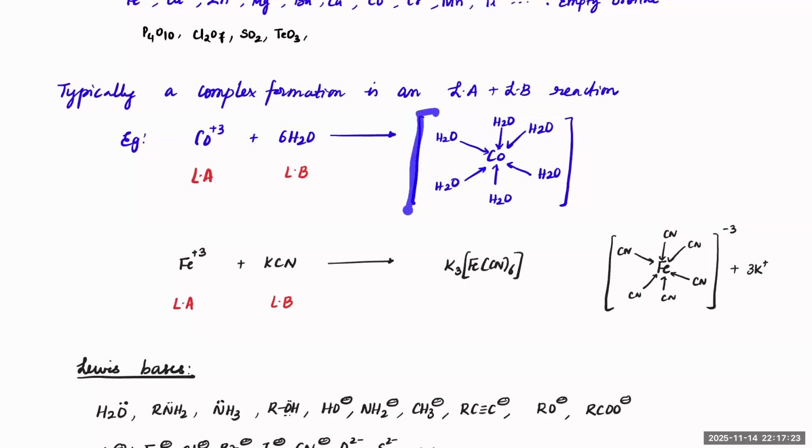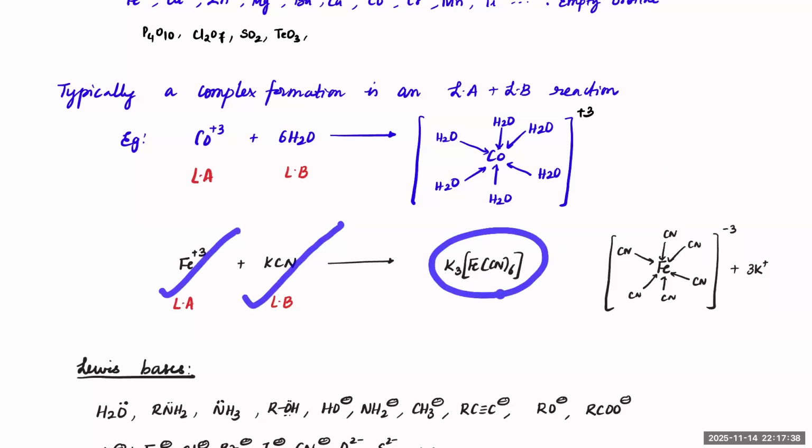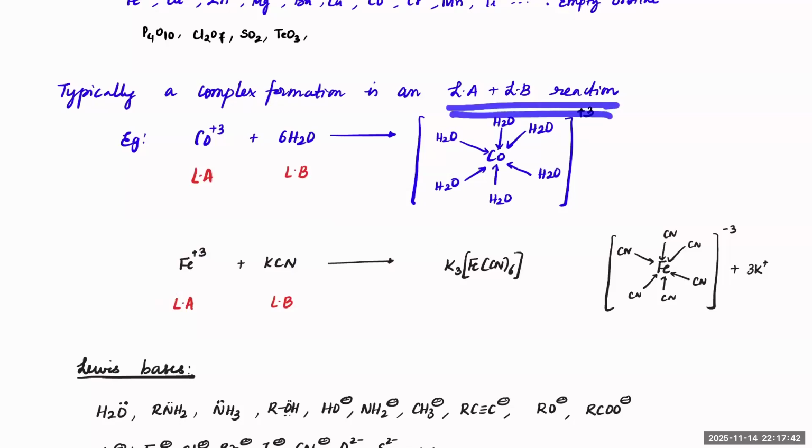This is called a complex, holding a plus 3 charge. So one is a Lewis acid, the other is a Lewis base, forming a complex. Complex formation is also a Lewis acid-base reaction.